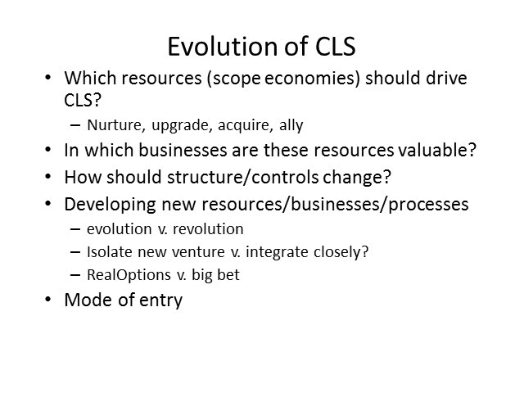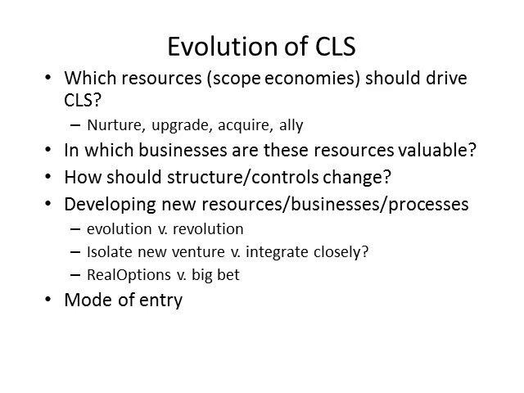So decisions have to be made here about do we want to go for a dramatic revolutionary change, or are we going to evolve gradual incremental changes? When we create new ventures, are we going to isolate them? So if you have a disruptive technology, say, do you want to make it develop in a skunk works, which is separate from your core business, and you let them develop a new venture?